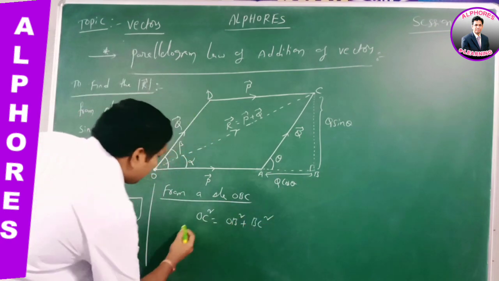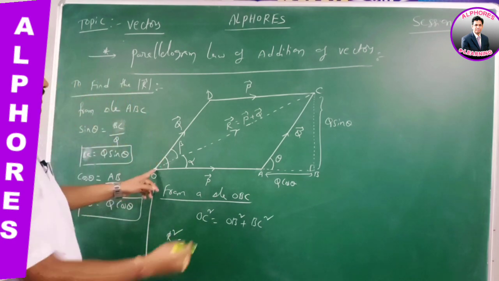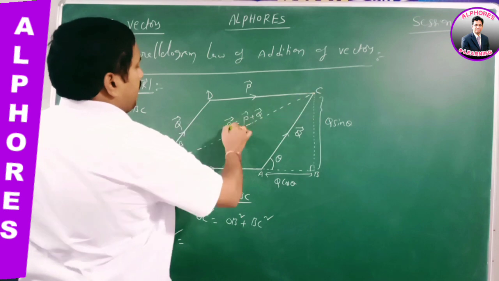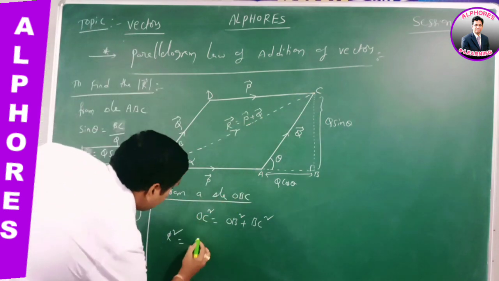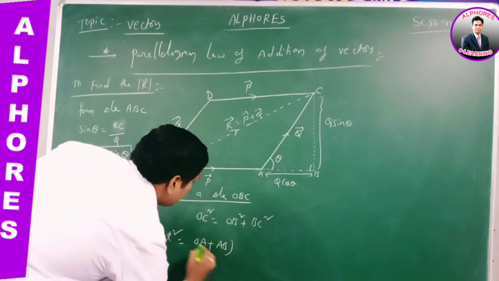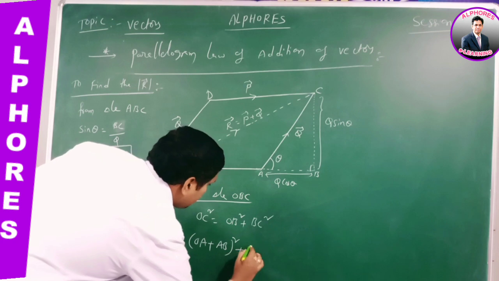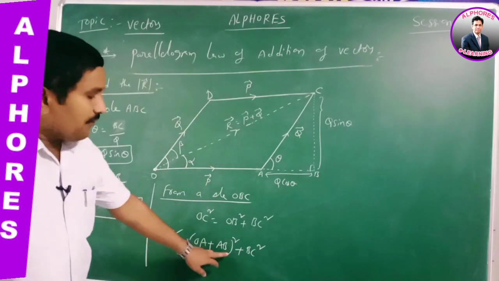Yeah. OC square we know already is nothing but R square, so the magnitude of R bar is R. OB is equal to the sum of OA plus AB, whole square, again plus BC square, right? Now it is in the form of a plus b whole square.